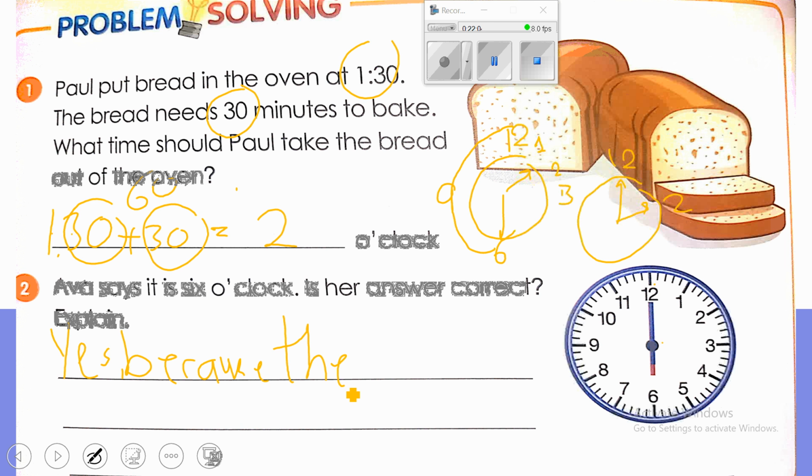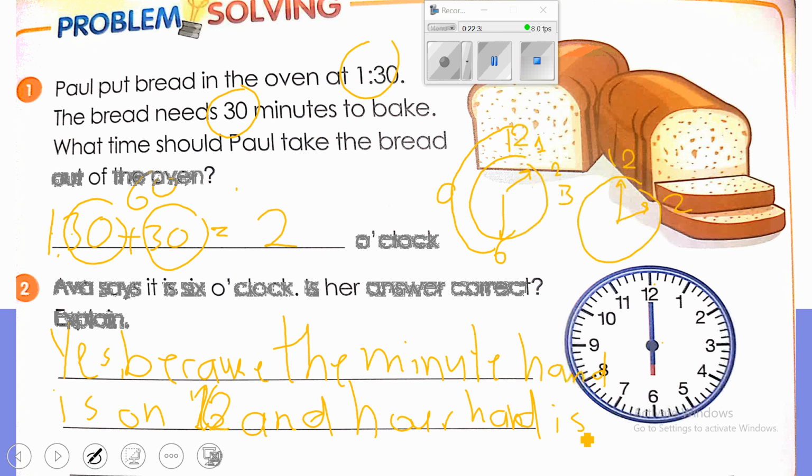Because the minute hand is on 12 and the hour hand is on 6.